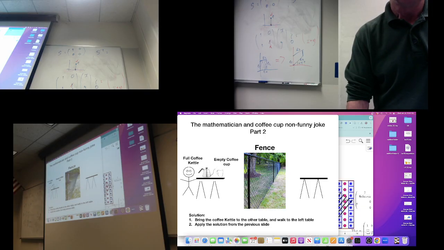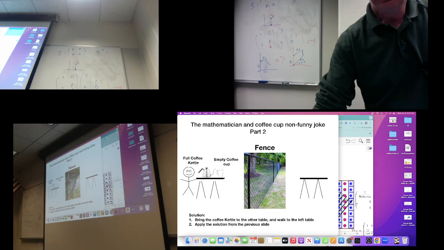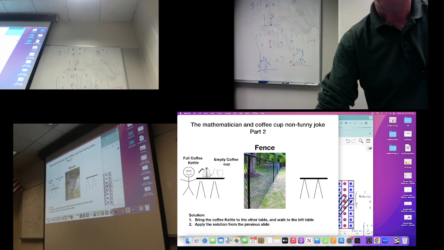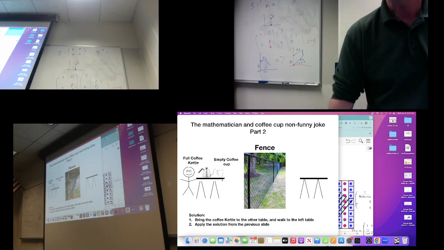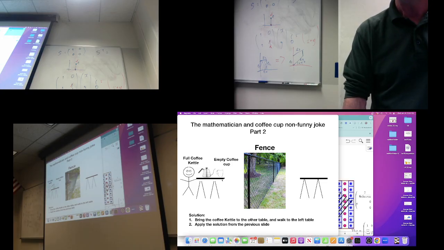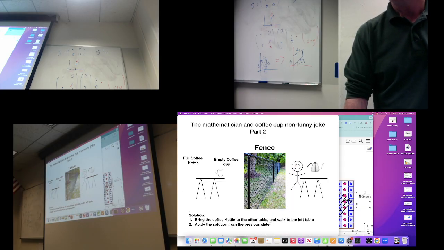Problem solved. Next problem: you have an empty table, a fence, a table with a coffee pot, and the mathematician and coffee cup, and you want to pour the coffee into the cup. Solution: bring the coffee pot to the other side, and from this point you know how to solve it. So it wasn't that funny when you heard it the first time.